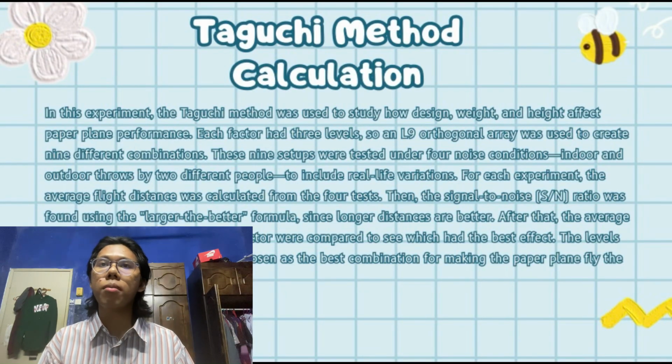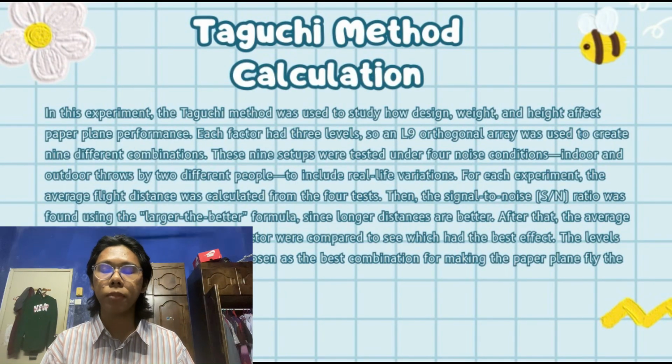Next, Taguchi method calculation. In this experiment, the Taguchi method was used to study how design, weight, and height affect paper airplane performance. Each factor had 3 levels, so an L9 orthogonal array was used to create 9 different combinations. These 9 setups were tested under 4 noise conditions, indoor and outdoor throws by 2 different people, to include real-life variations.